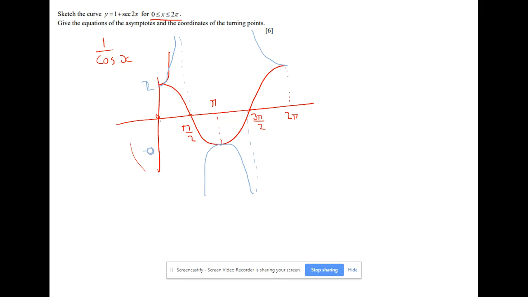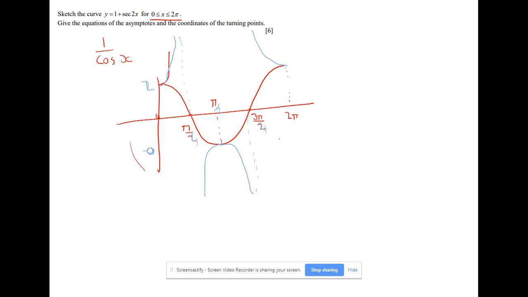Then we would also need to do 2x, which means that we're going to end up halving the amount of time that it takes. So instead of pi upon 2, we end up getting pi upon 4. So this becomes pi upon 4, this would become pi upon 2, this would become 3 pi upon 4.